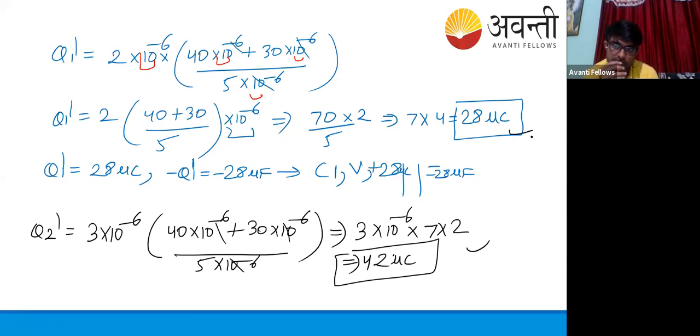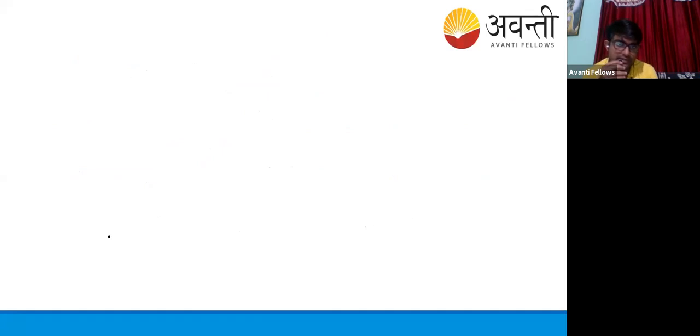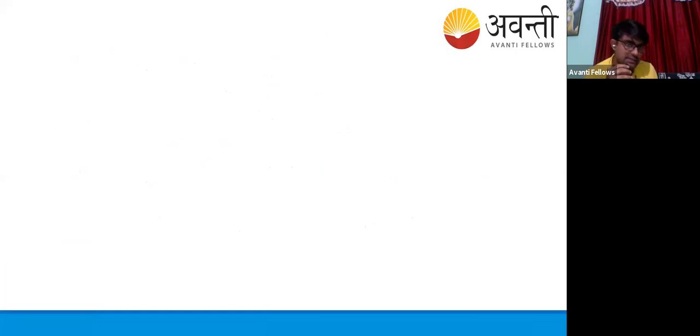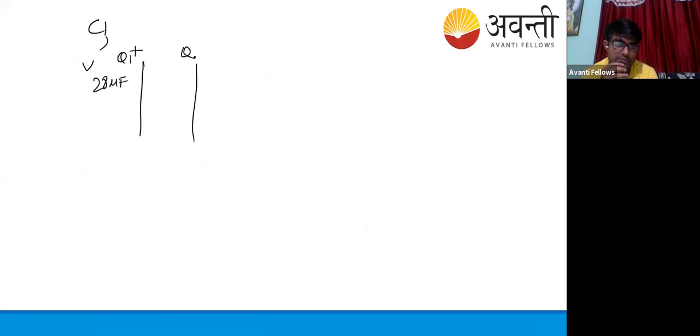So what will be the final conditions? Final conditions will be like this, that is on both the plates. For the capacitor having capacitance C1, common potential V, Q1 dash positive will be 28 microcoulomb, and Q1 dash negative will be minus 28 microcoulomb.